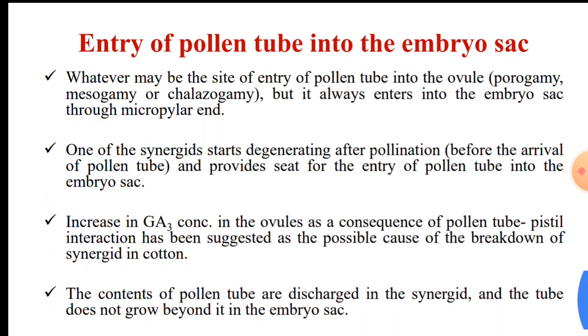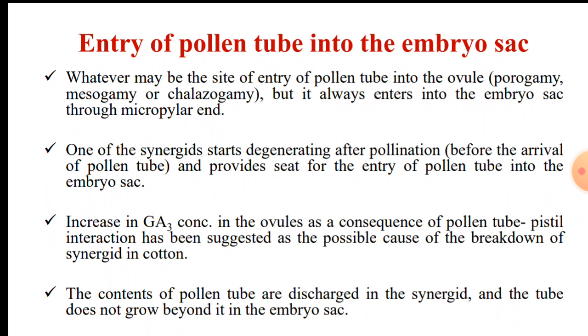Now, entry of pollen tube into the embryo sac. Whatever may be the site of entry of pollen tube, that is micropyle, chalaza or funicle or integument, whatever may be the case, porogamy, mesogamy or chalazogamy, pollen tube always enters into the embryo sac through micropylar end.